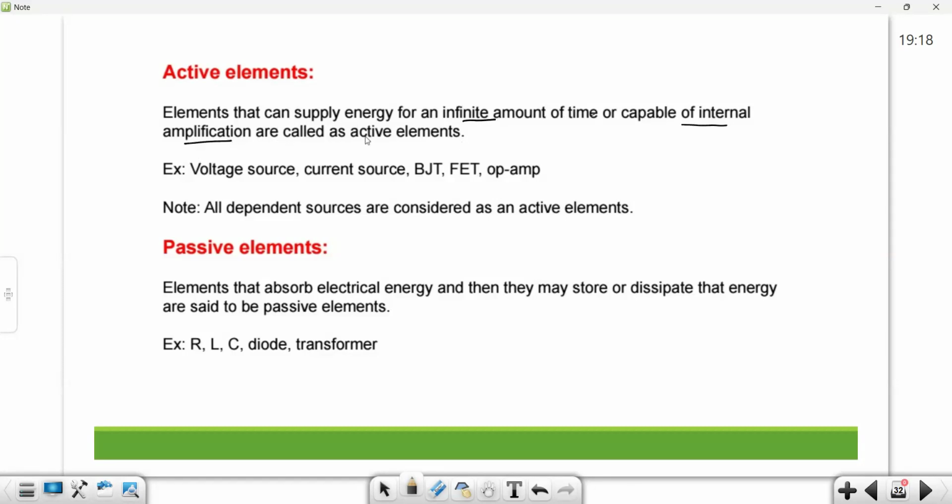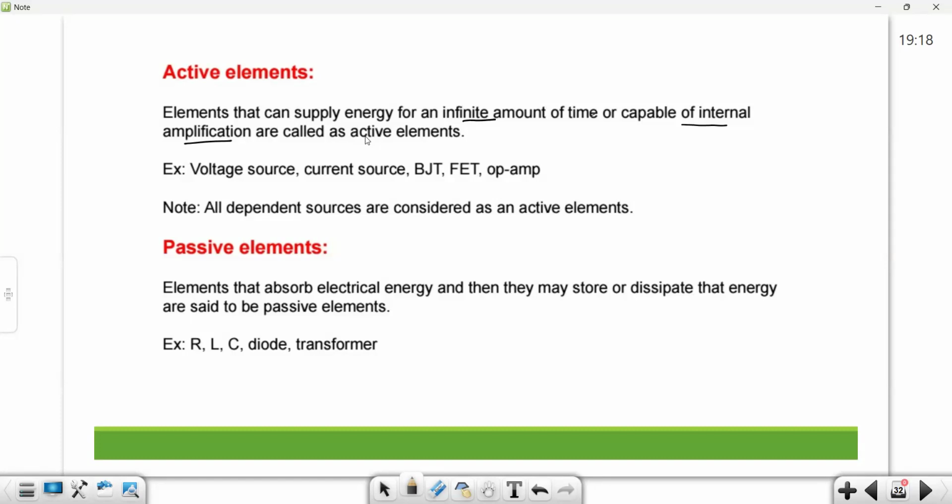Then we call them active elements: voltage source, current source, BJT, FET, op amp. An op amp internally amplifies the signal. Whatever input you give, it amplifies and gives as output, so we call it an active element. All dependent sources are also considered active elements. Is it clear? Okay.